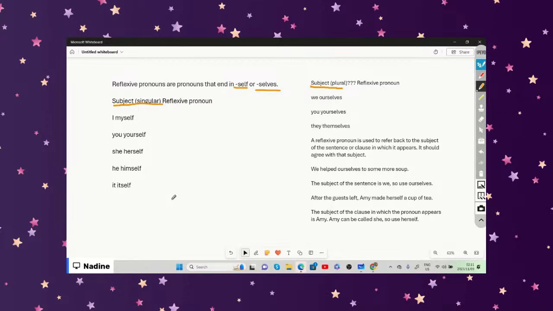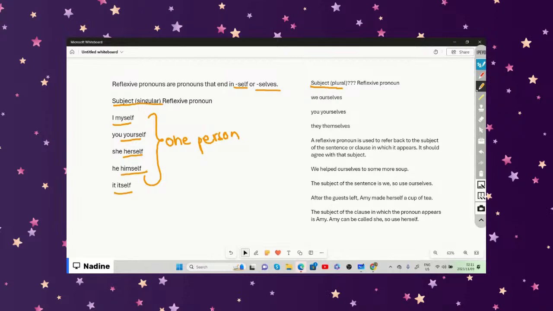And here we have examples. It's either myself when I refer to I, myself, you, yourself. This is all referring to one person. Herself, himself, and itself.